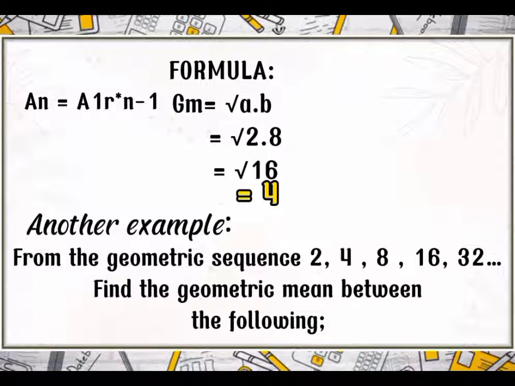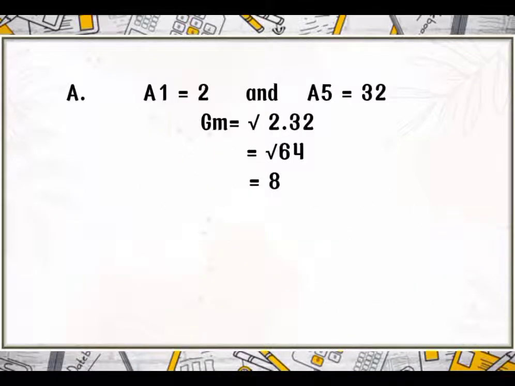Another example, from the geometric sequence 2, 4, 8, 16, 32, find the geometric mean between the following. So, A, first and fifth terms.